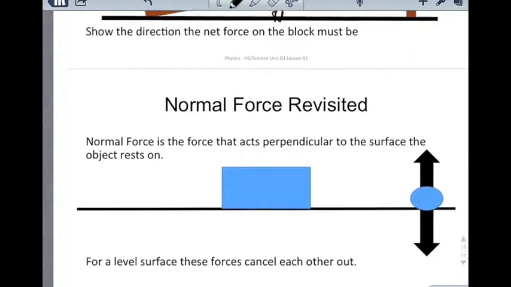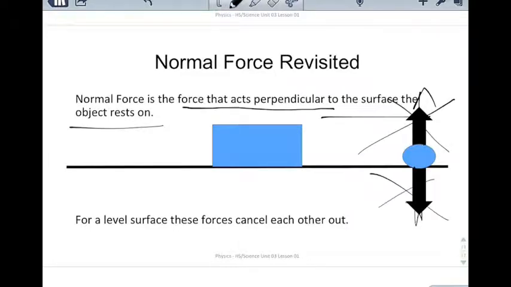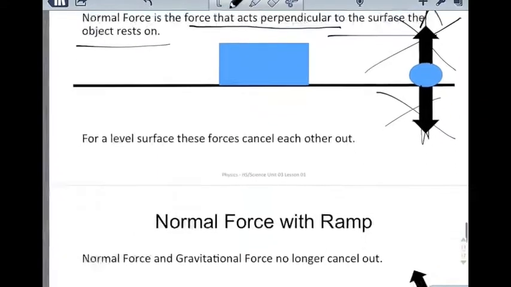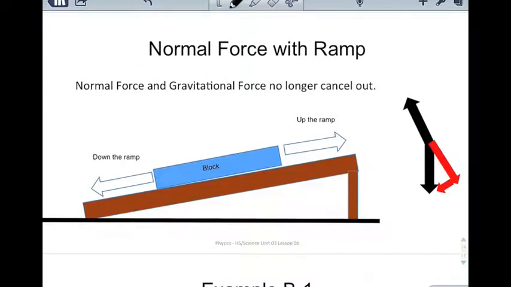But instead, if you remember our definition of normal force is the force that acts perpendicular to the surface the object rests on. Now, for a level surface, these cancel out. Force goes up, force goes down, those forces cancel out, and you're left with no net force. But if you were to take a look at the normal force on a ramp, they no longer cancel each other out. You have a force that goes downward, but now the normal force is perpendicular to the surface the object rests on.